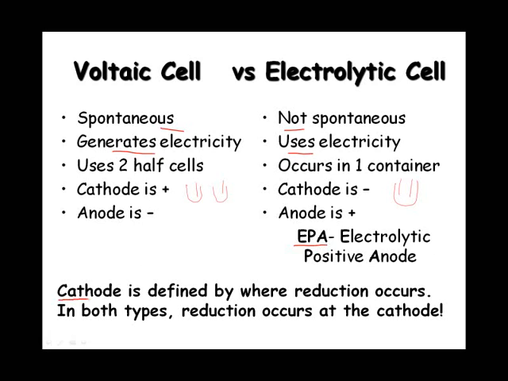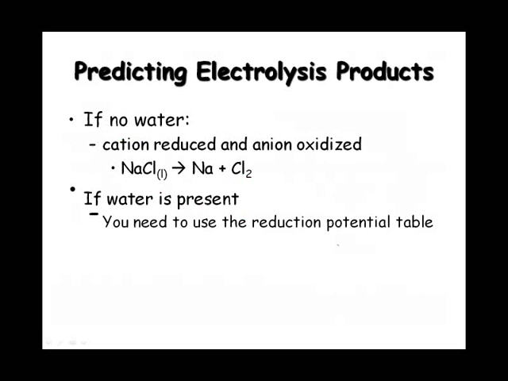Important to note that the terms cathode and, of course, anode are defined by where either the reduction or oxidation take place. So the cathode is defined as the electrode where the reduction occurs. So in both types of cells, both voltaic and electrolytic, reduction does occur at the cathode. Okay. Now, in one case, the cathode is positive, in the other case, the cathode is negative.